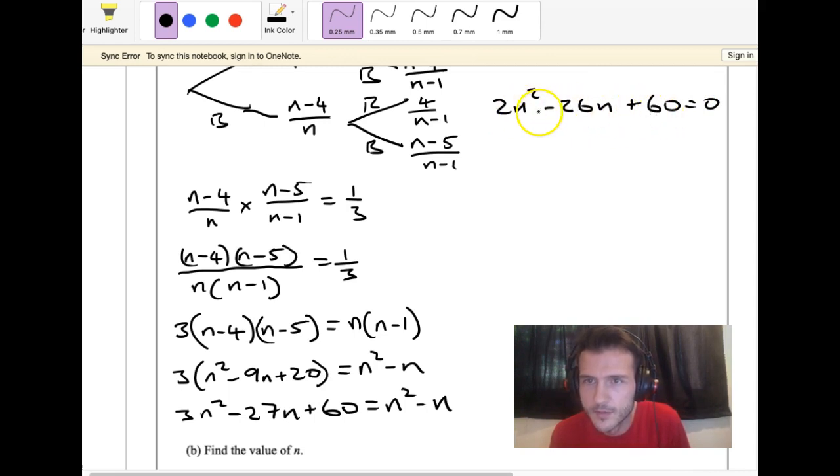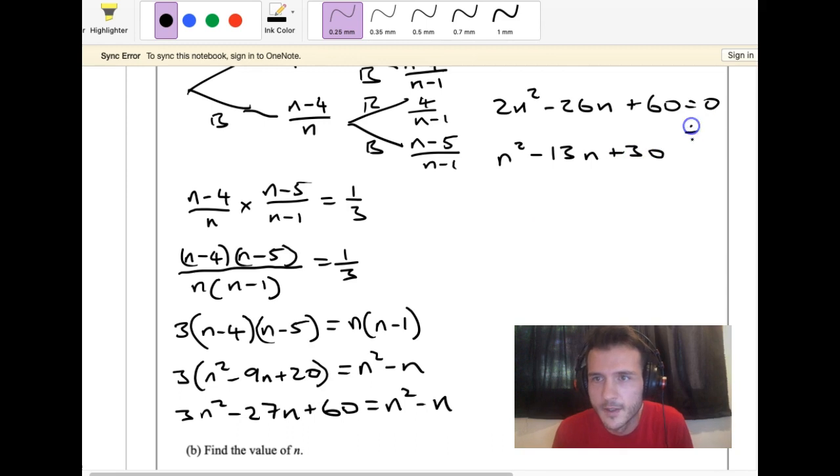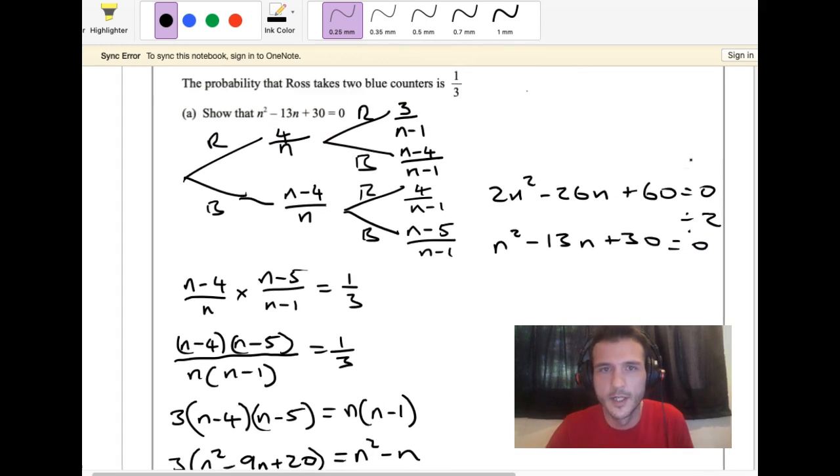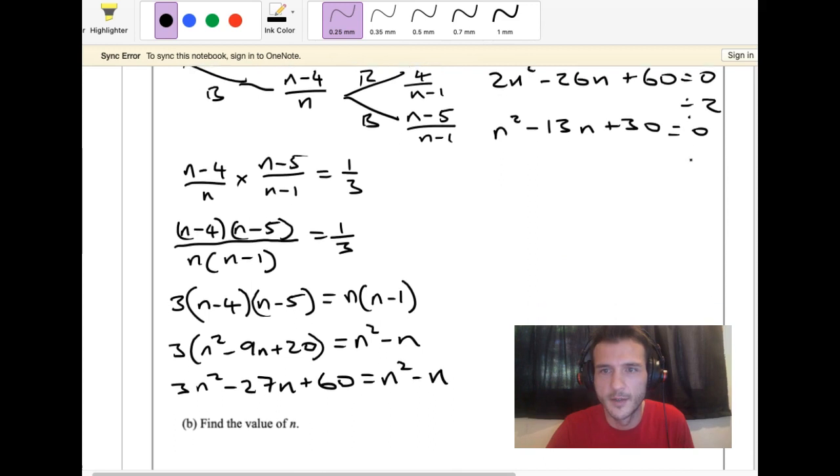This is all a multiple of 2, so we divide everything by 2, which gives n squared minus 13n plus 30 equals 0. And that's what we had to show. Okay, that's the first part.